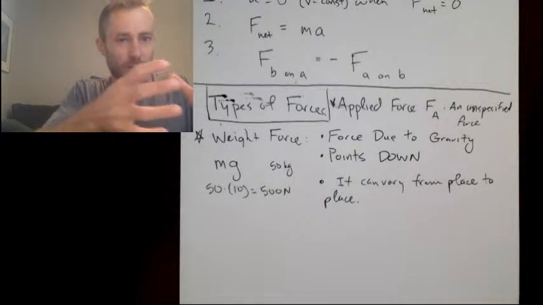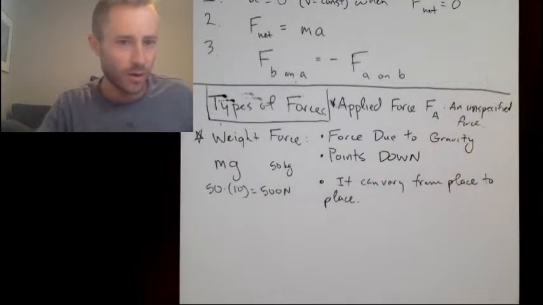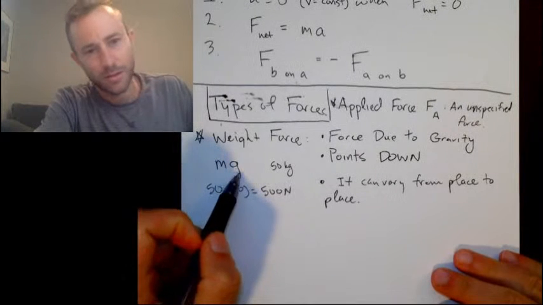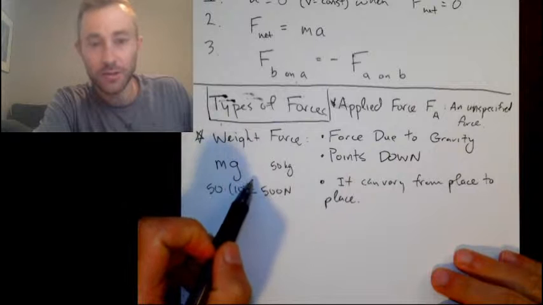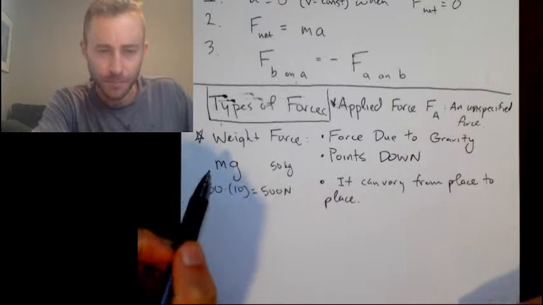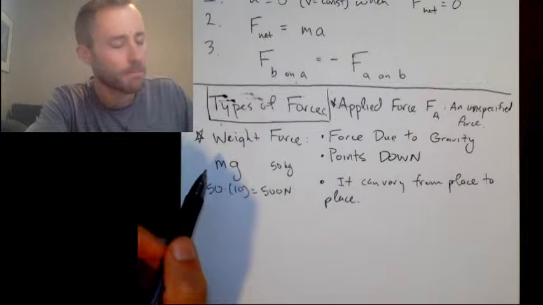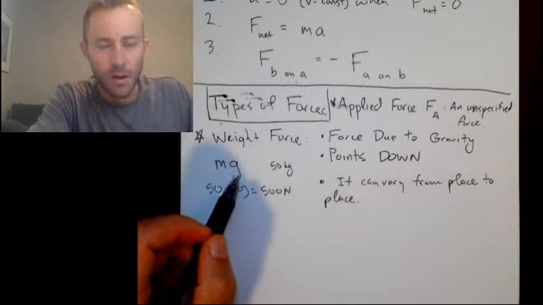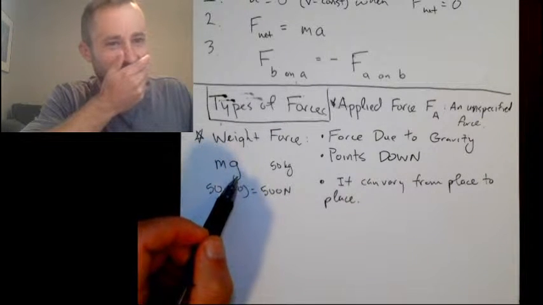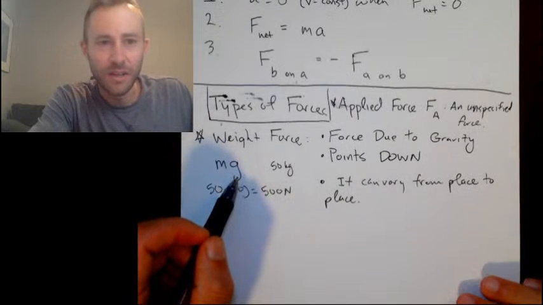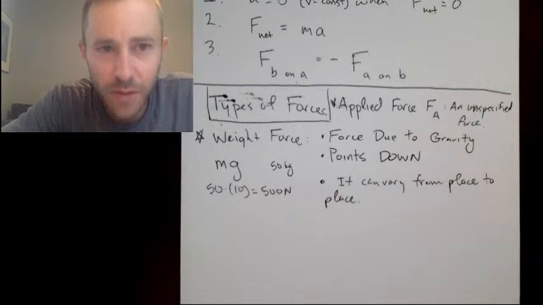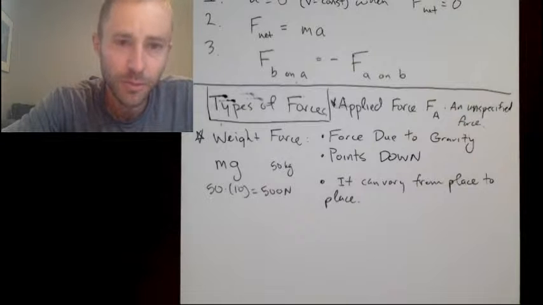But when I transport you from the Earth to Mars, I took you from a gravity that is 10 meters per second squared to a gravity that is only 3.7 meters per second squared.